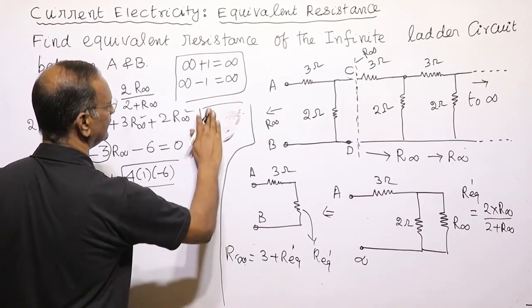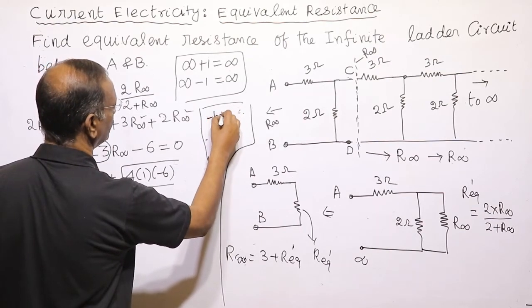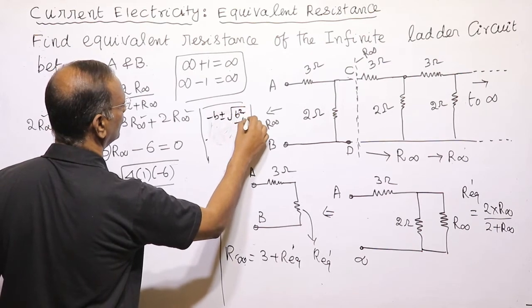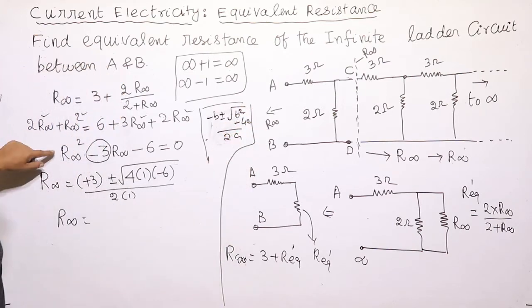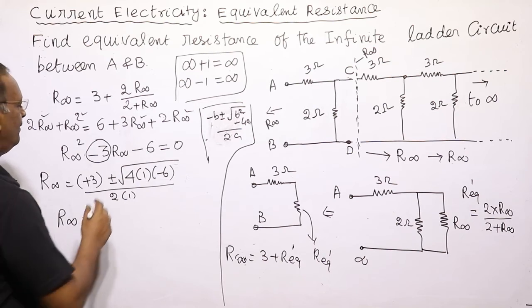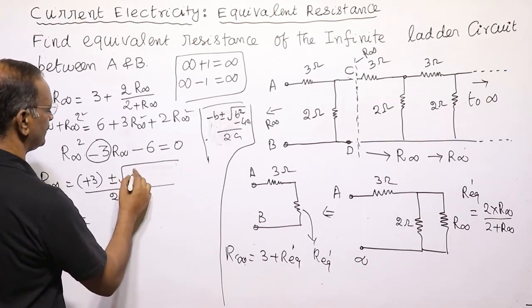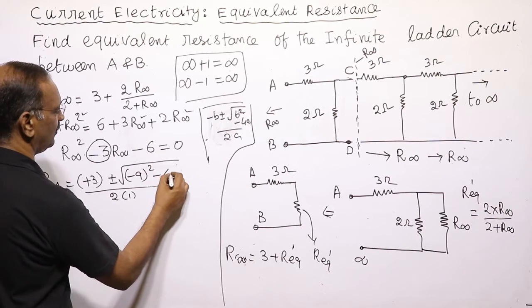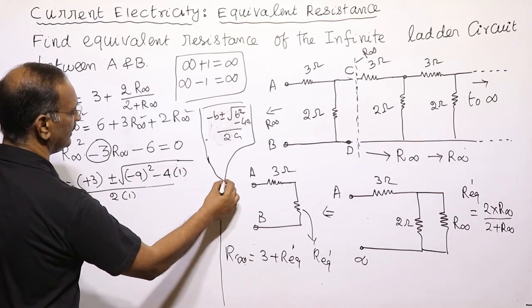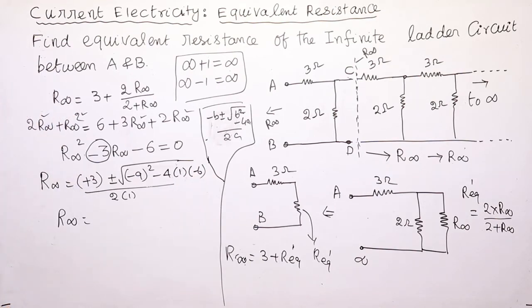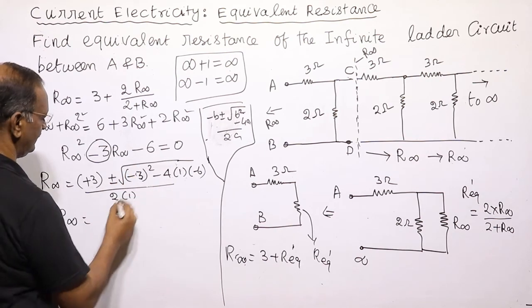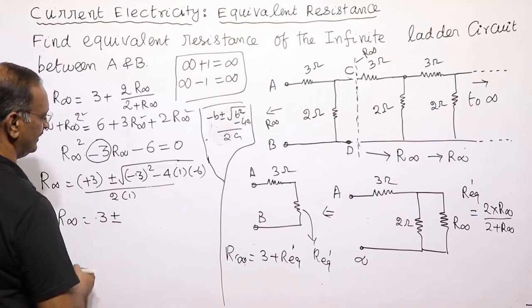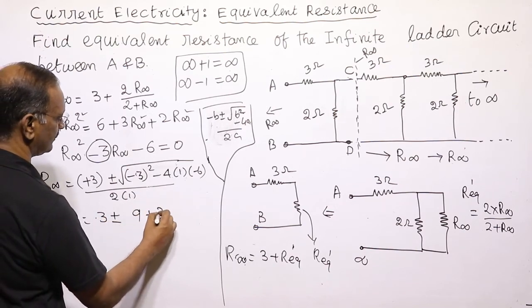Here b square is minus 3 whole square, that is 9, minus 4 into a into c, which gives plus 24.